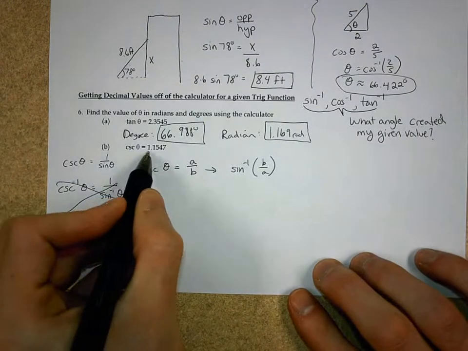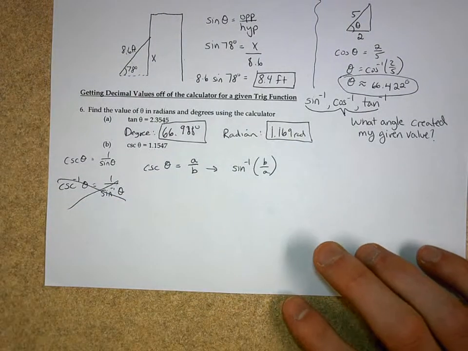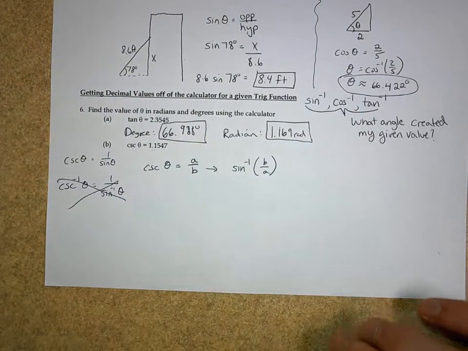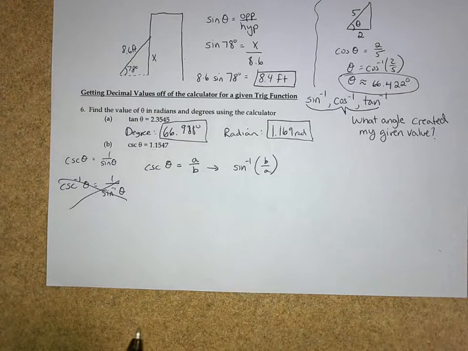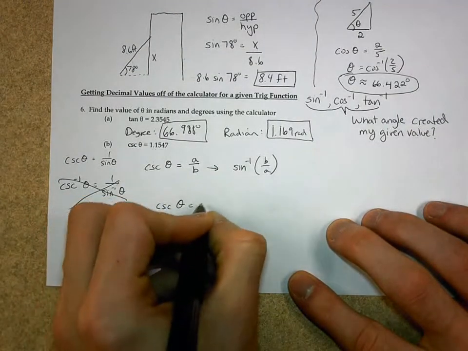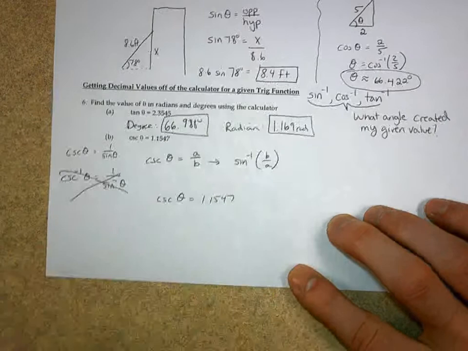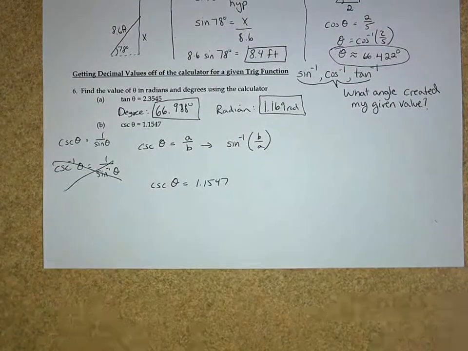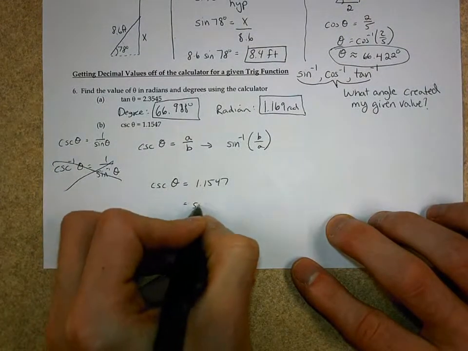So for this expression right here, the cosecant of theta is equal to 1.1547, I know that I've got to use sine inverse, but I am not going to put 1 over the sine inverse of 1.1547. I've got to use the sine inverse function on the calculator.